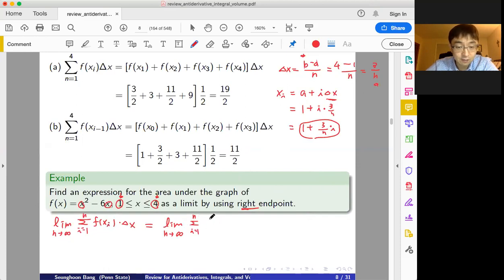So we have 1 plus 3i over n squared, minus 6 times 1 plus 3i over n, times delta x. Delta x is here, 3 over n. That's it. This is the answer.